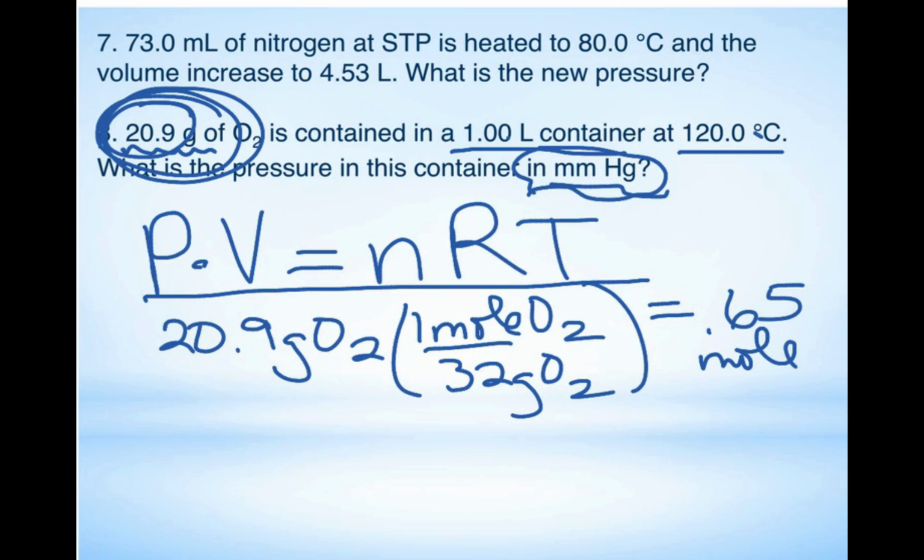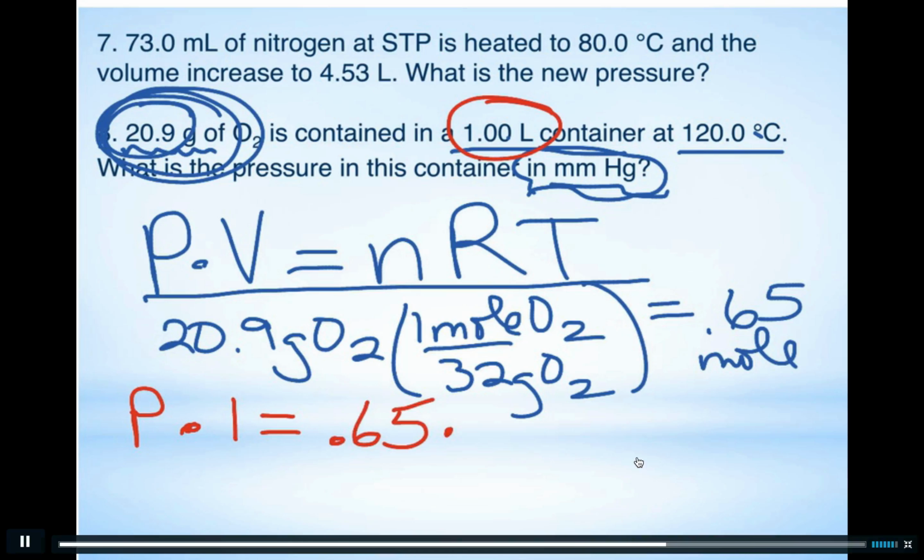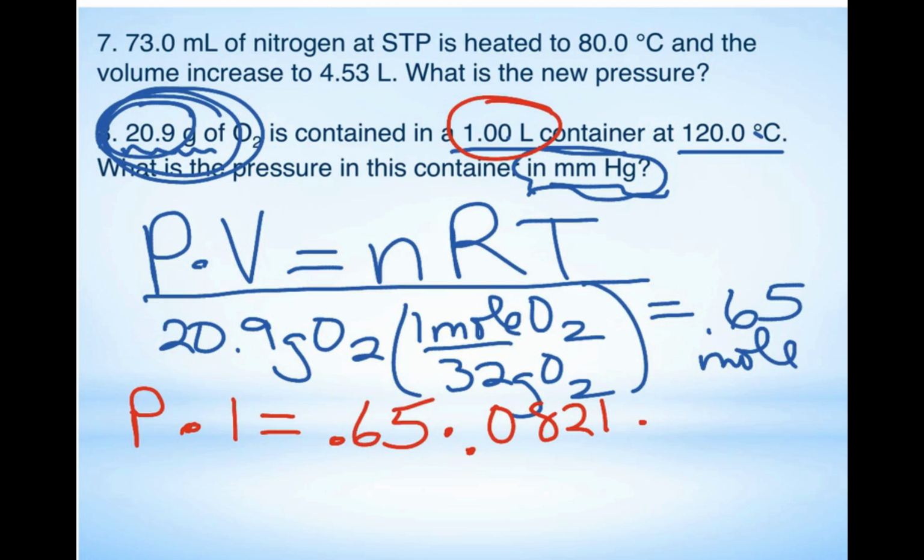Now, we're looking to find our pressure, so we have pressure times volume, and it's a 1 liter container, is equal to n, there's my number of moles, okay, my R is equal to 0.0821 liter atmospheres per Kelvin mole, times my temperature, which has to be in Kelvin, that's 393.